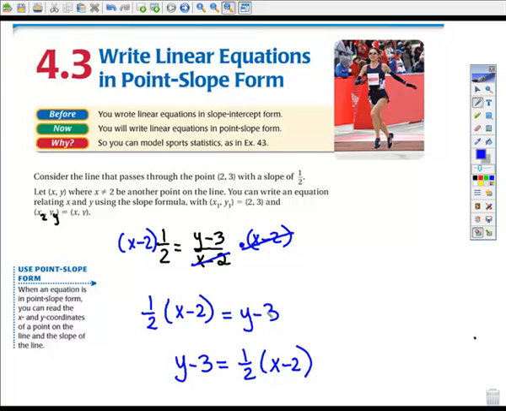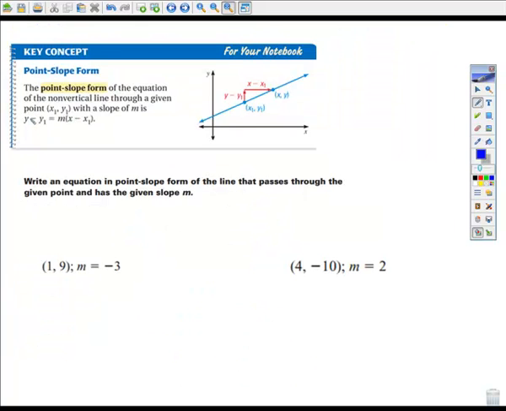So let me go ahead now and show you what the point-slope form is. So this is what you want. The point-slope form of the equation of a non-vertical line through a given point (x1, y1) with the slope m is this right here. We're going to take y minus y1 equals m, the slope, times the quantity x minus x1. So this y1 and x1 are the point that they give you in the problem.